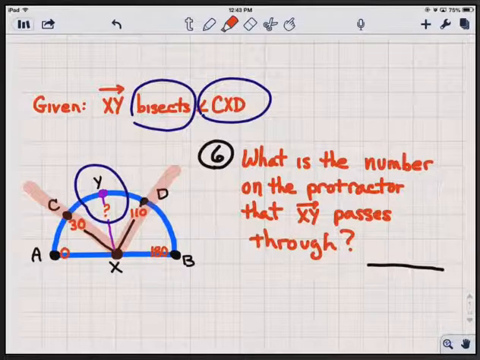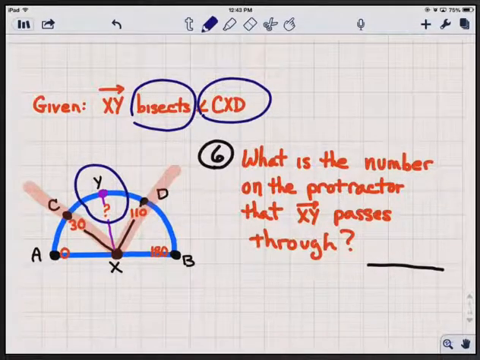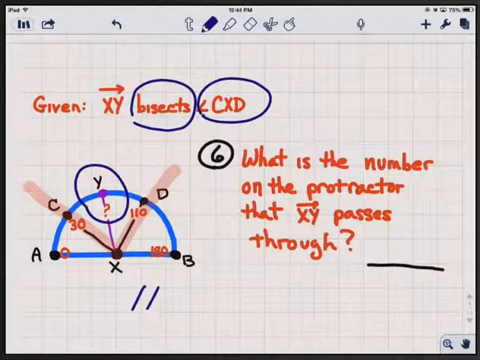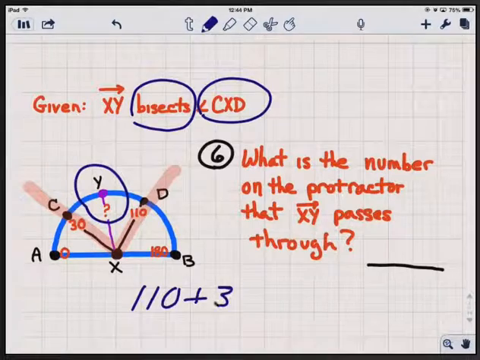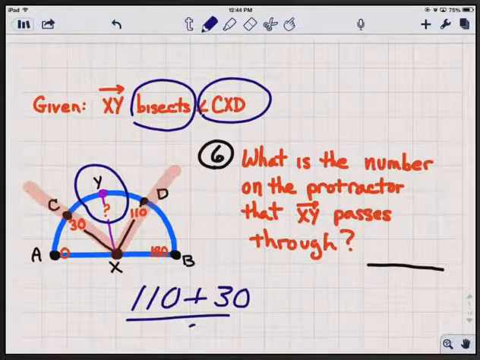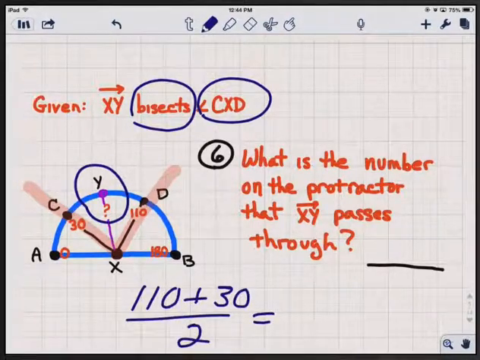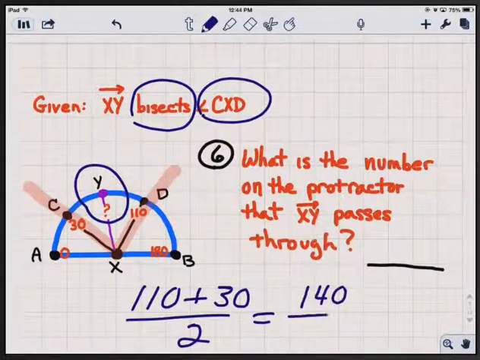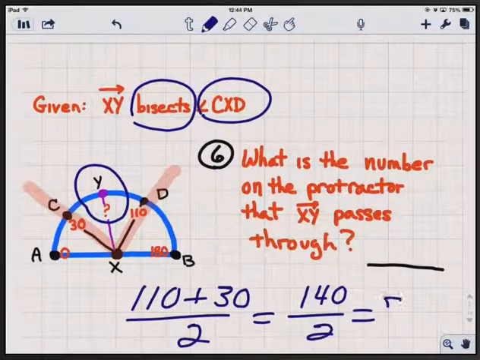So we're going to find the average of those two numbers. Add them and divide by 2 to give us the average, or the number in the middle. So we get 140 divided by 2 is equal to 70.